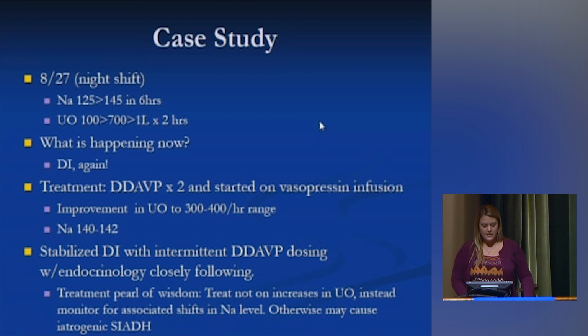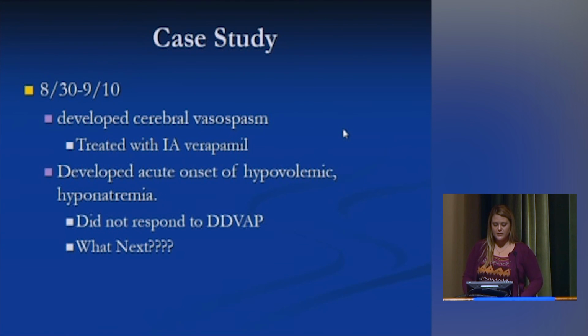So really the stabilizing point was when we gave her the desmopressin, and at this point it gets real complex, even in my mind, so we would ask endocrine to come help us. But there's a treatment pearl of wisdom: treat not on the increased urine output, instead monitor for associated shifts in sodium levels. Otherwise, we can actually cause iatrogenic SIADH.